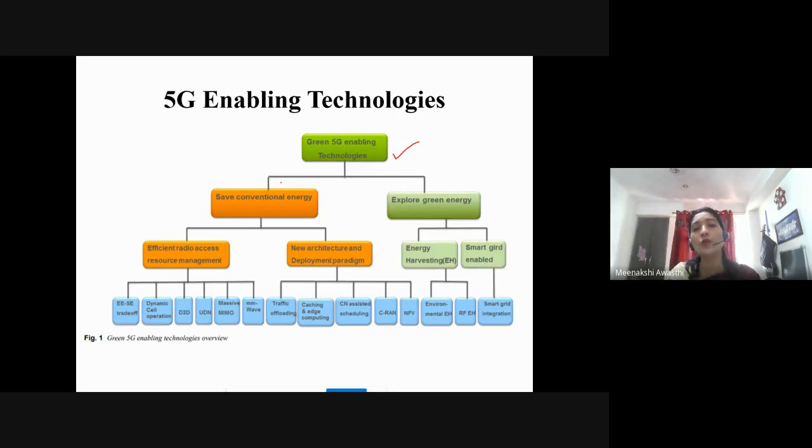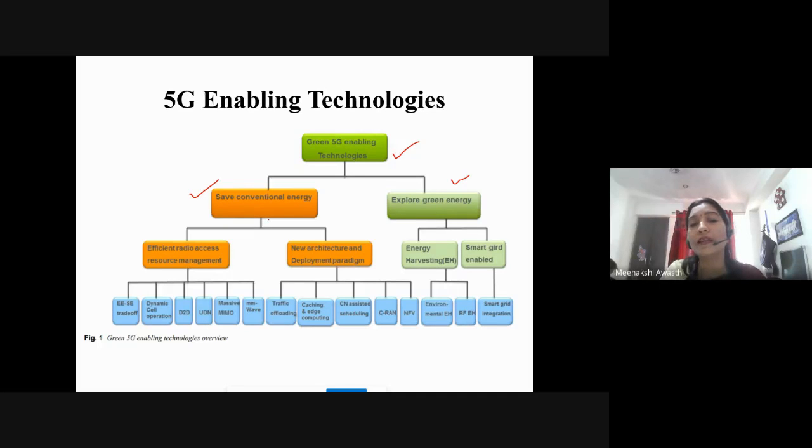There are two ways by which we can save conventional energy and also explore green energy. Basically, two ways are there by which we can improve the energy efficiency. The first way is to save the conventional energy, and the second way is to explore the green energy part. First, we'll be discussing conventional energy saving.